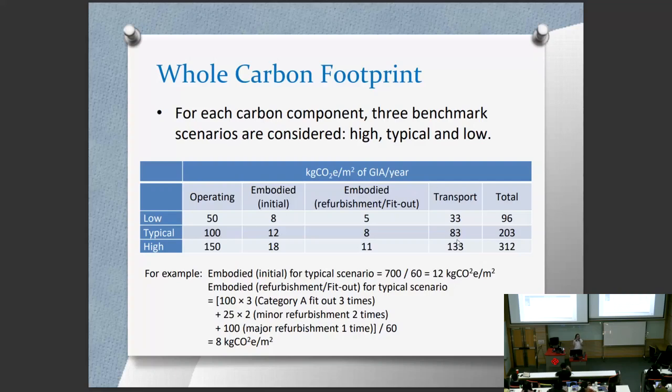It results in the whole carbon footprint for a typical office building in the UK being around 200 kg of carbon dioxide equivalent per square meter of internal floor area every year, in a year.